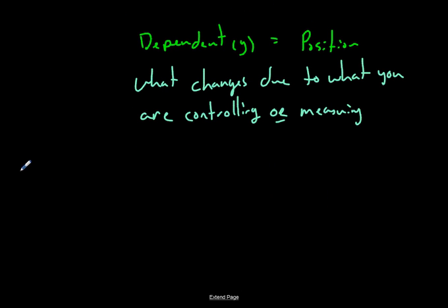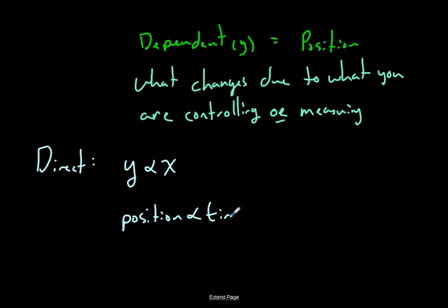So in a linear relationship or a direct relationship, like the one we've shown, we could say that y will always be proportional to x. Or we could say that position, since that's what we're talking about, will always be proportional to time, as long as velocity stays constant, right? Sometimes there are some caveats, but in this case, that's clearly what's happening, okay?